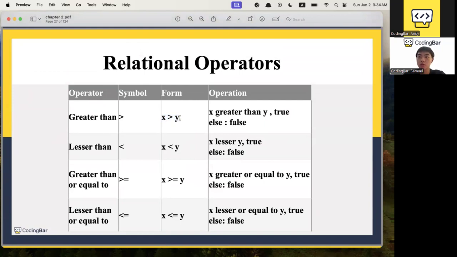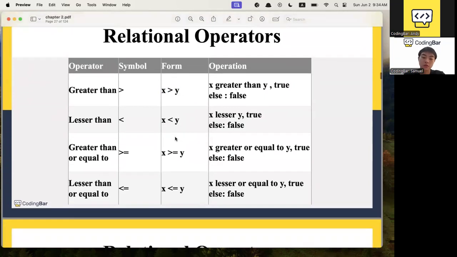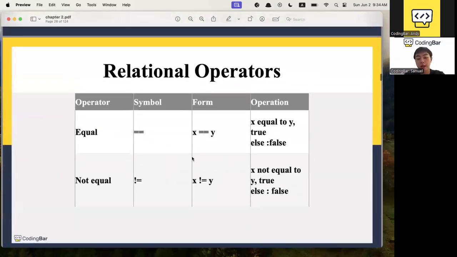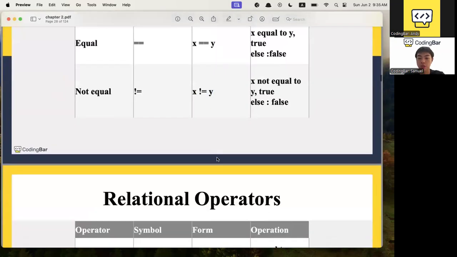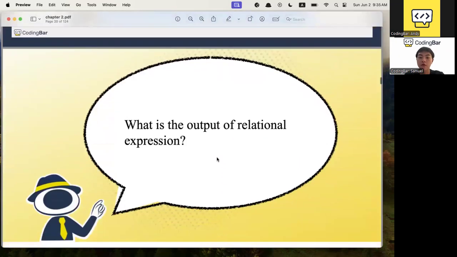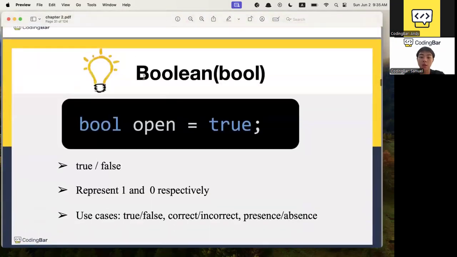In response, you tell me it is true or it is false, right? It's the same for x equal to y. You are going to give me an answer, true or false. It is or it is not. So this answer can be captured in Boolean form.